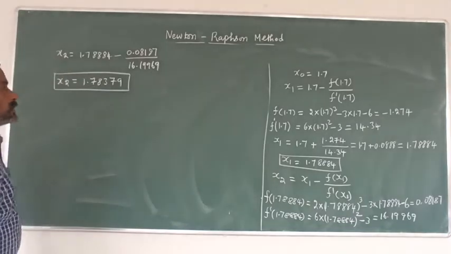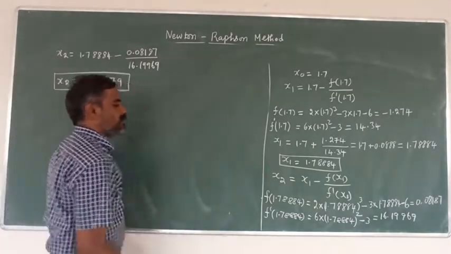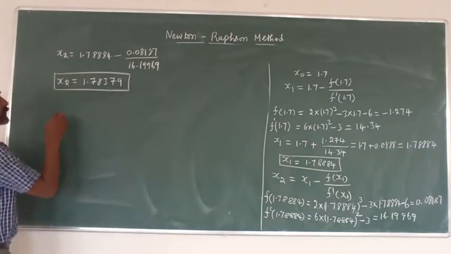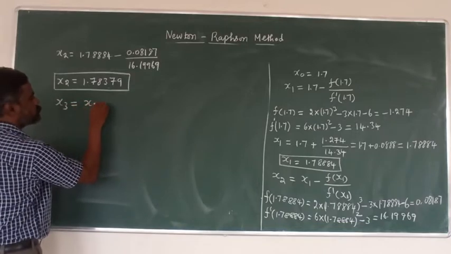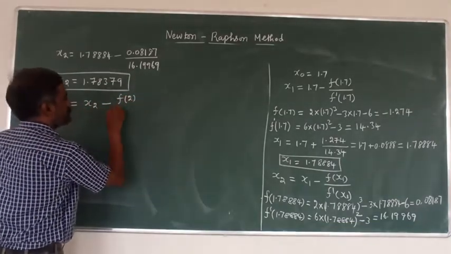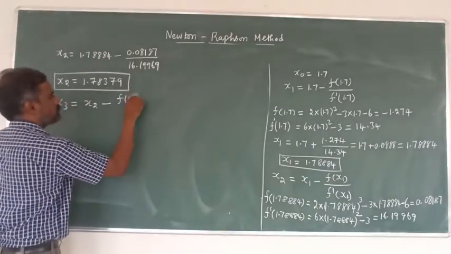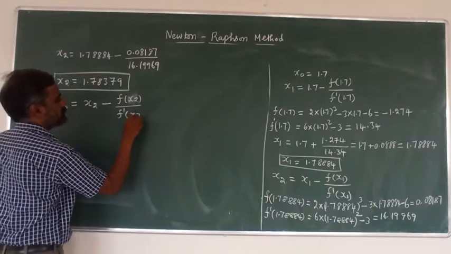So we take another iteration, substitute n value 2, so we can get x3 equals x2 minus f of x2 divided by f dash of x2.